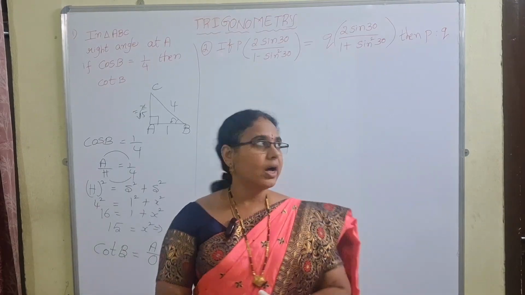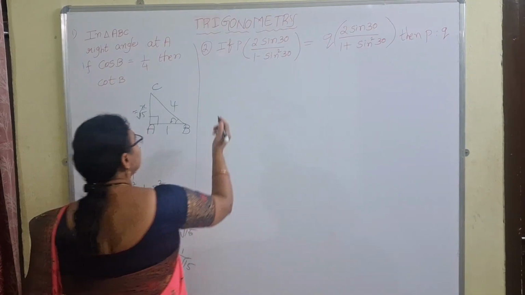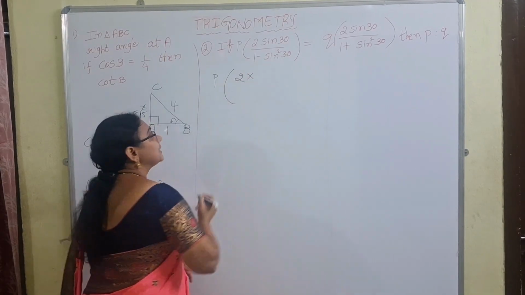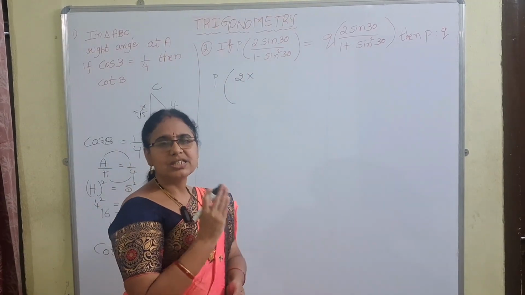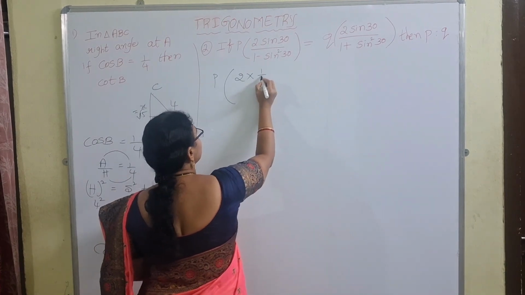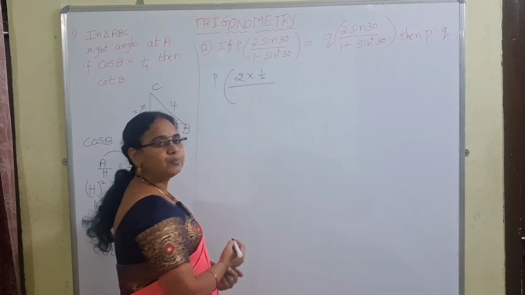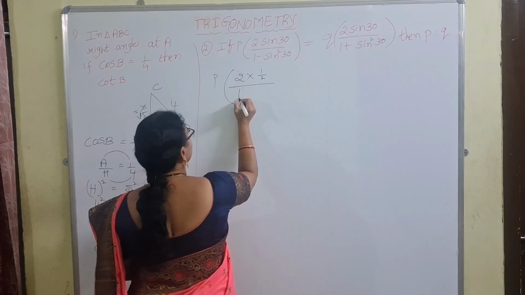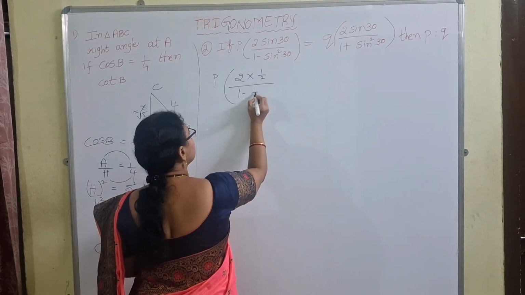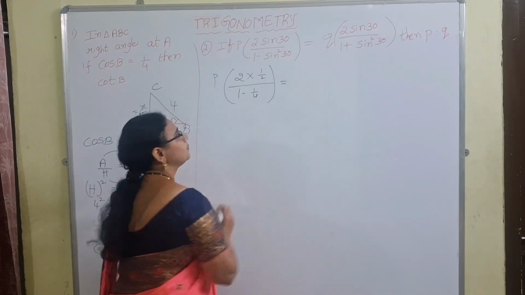Now come to this one. So here P into 2 sine 30, where sine 30 is 1 by 2. So I am substituting 1 by 2 by 1 minus sine square 30. 1 by 2 whole square is 1 by 4.